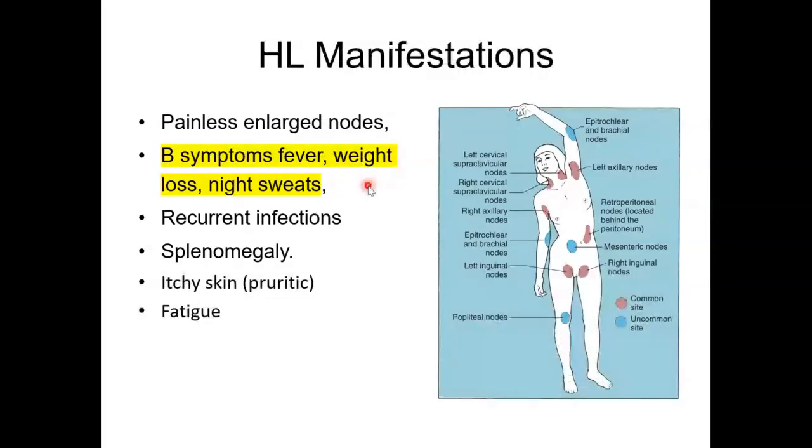So symptoms, they're just kind of system, fever, weight loss.